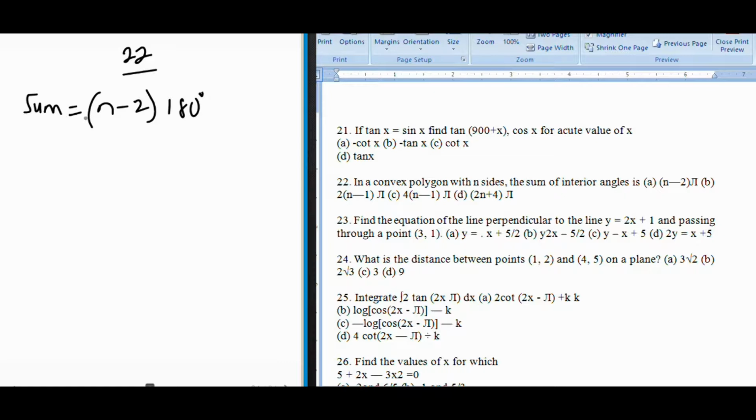But don't forget that pi in radians is equal to 180 degrees. Now if you substitute the 180 by pi, you have (n minus 2) times pi. And that is option A.